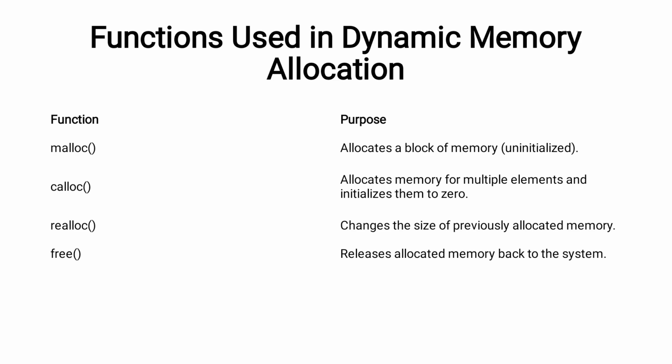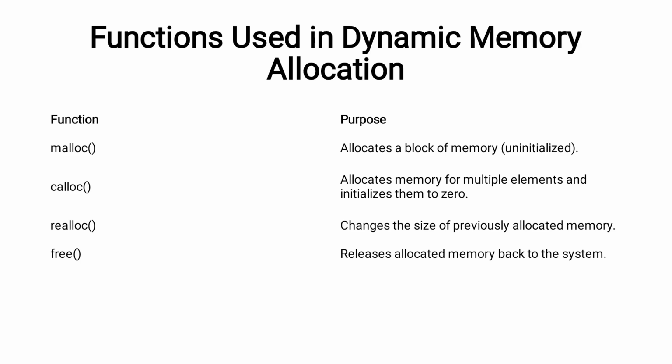So what are the functions we have in dynamic memory allocation? There are four functions. One is malloc, and second one is calloc, then realloc and free. So what is malloc? Malloc is used for allocating some block of memory. Here memory is not initialized, that is uninitialized.